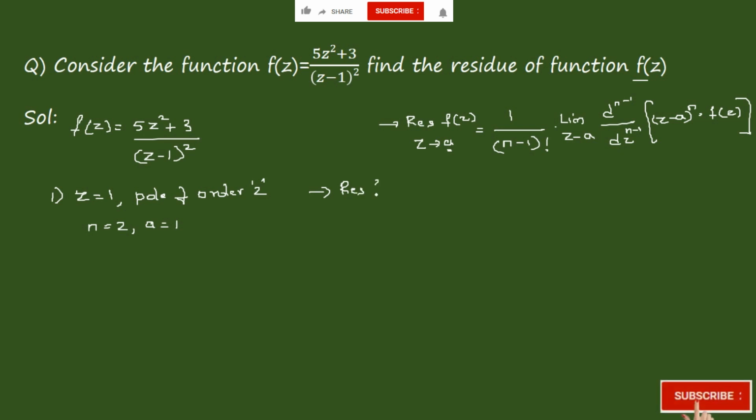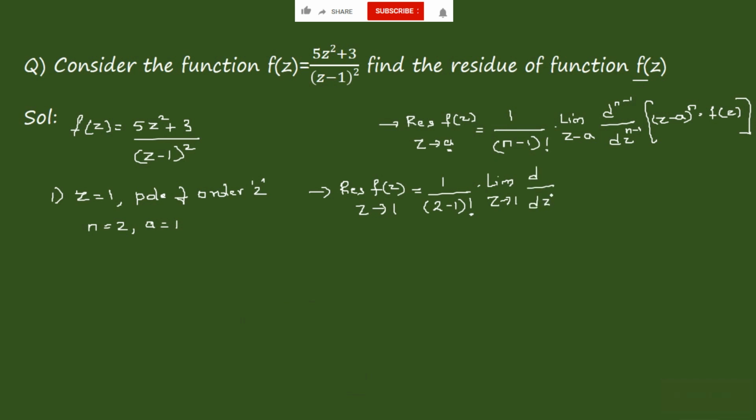So the residue of f(z) as z tends to 1 is equal to 1 by (2 minus 1) factorial times the limit as z tends to 1 of d by dz, 2 minus 1 is nothing but 1 time, of (z minus 1) whole square times f(z), where f(z) is given as 5z square plus 3 by (z minus 1) whole square.